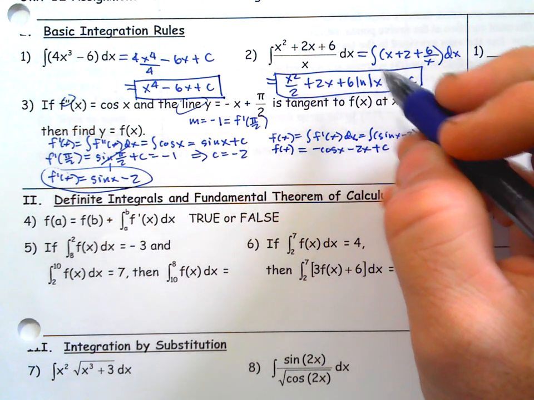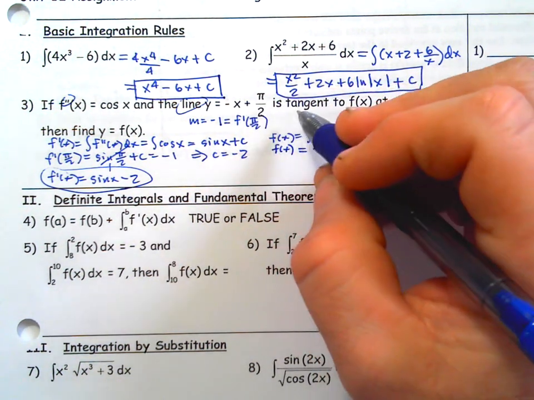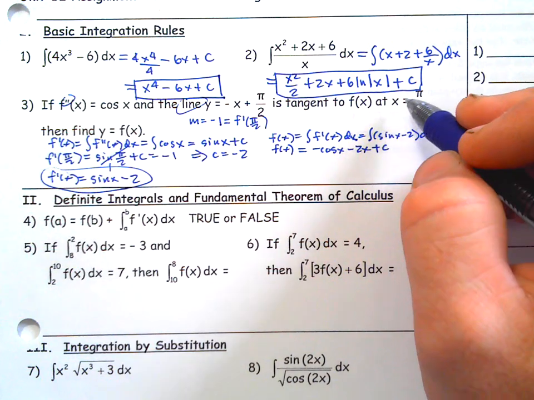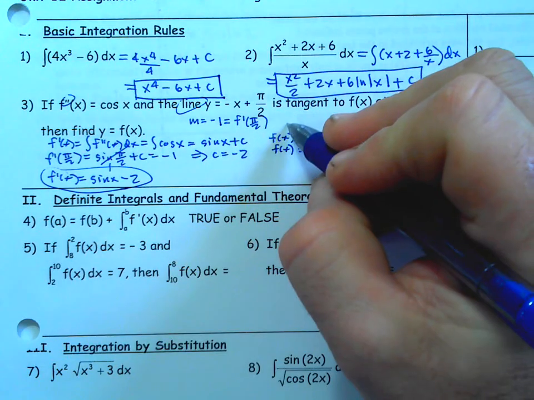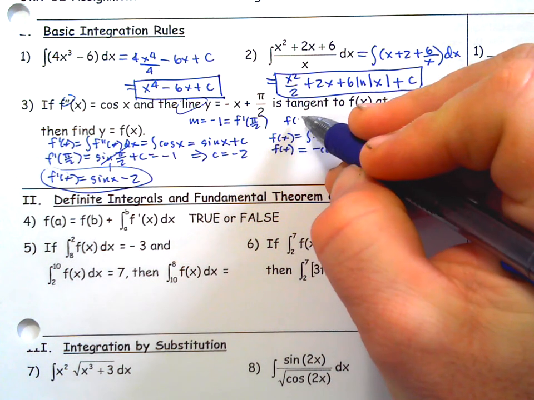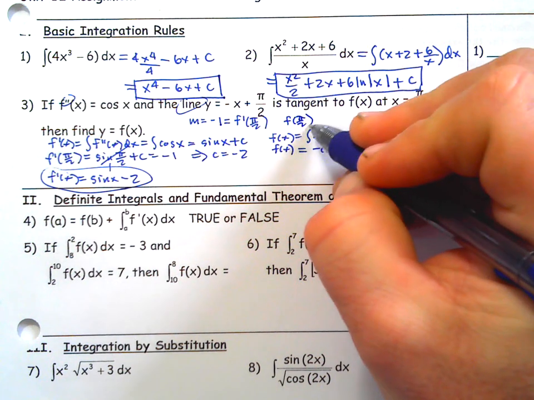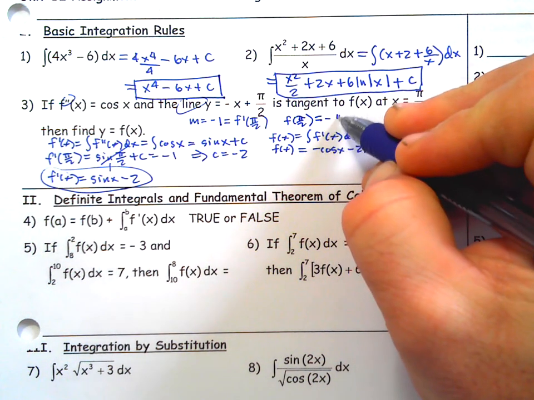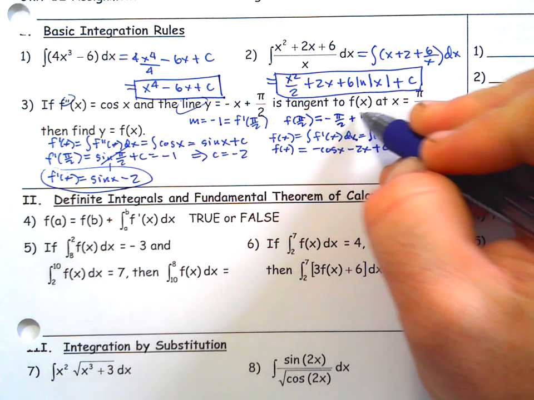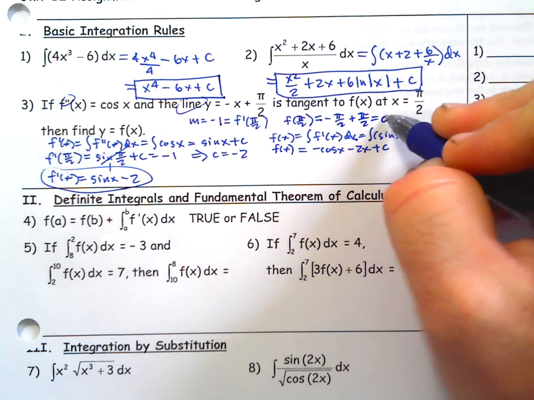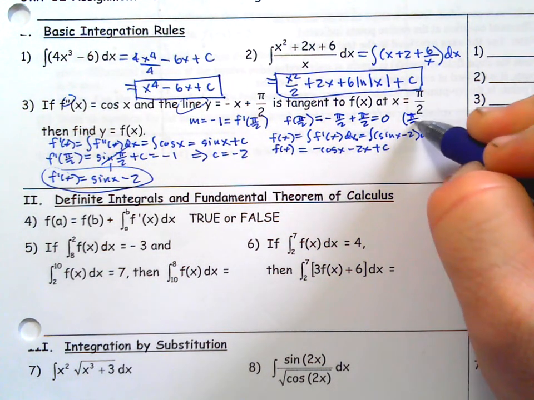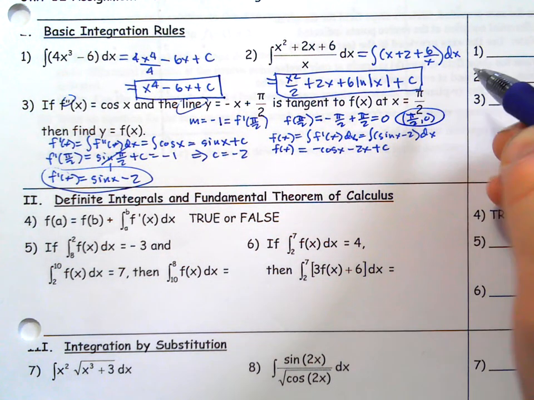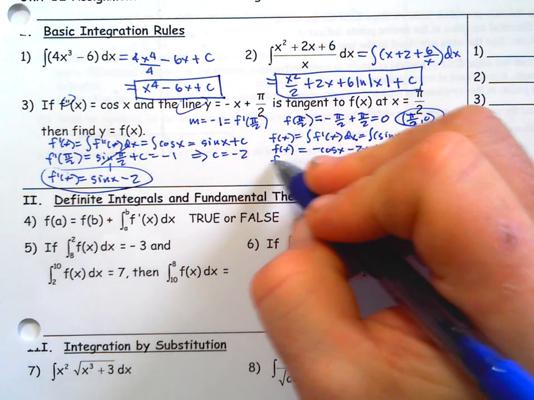So at the tangent line, we'll also share the same xy pair as the function does at the point of tangency. So if we plug pi over 2 in to this function, we get 0. So the point pi over 2, 0 is on the tangent line, is also on the function. So that's our initial condition.